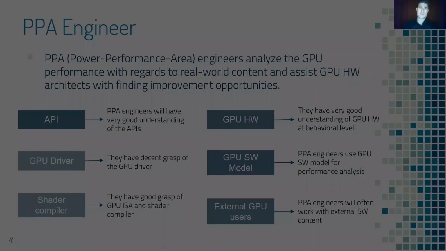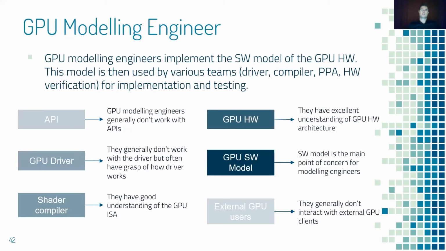GPU modeling engineers, so these are engineers that implement the software model for the GPU hardware. This model is a very important component in this whole ecosystem, because this model is then used by various teams: driver engineers, compiler, PPA, even hardware for verification, for implementation and testing.